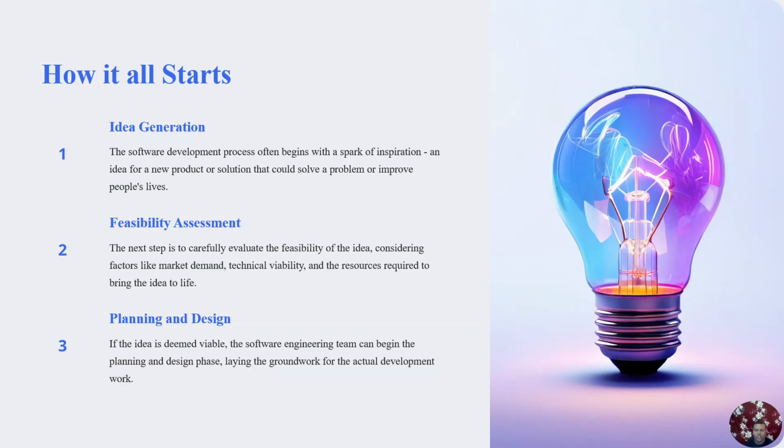The next step is to carefully evaluate the feasibility of the idea, considering factors like market demand, technical viability, and the resource requirements to bring the idea to life. Planning and design. If the idea is deemed viable, the software engineering team can begin the planning and design phase, laying the groundwork for actual development work.